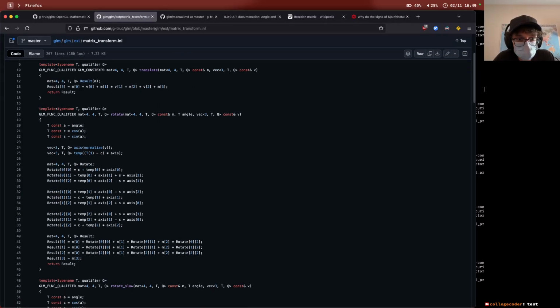So for the rotate, it takes a constant type T, being the generic type for the type that we're using, Q being the precision, so T is technically also the precision of the floating point type.